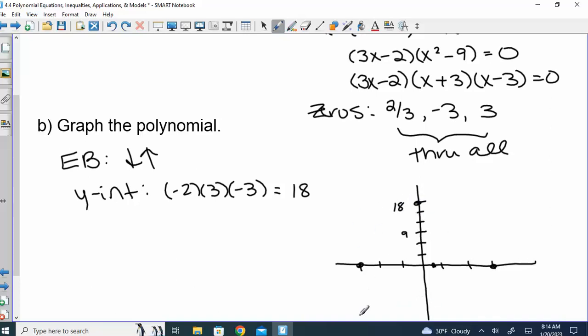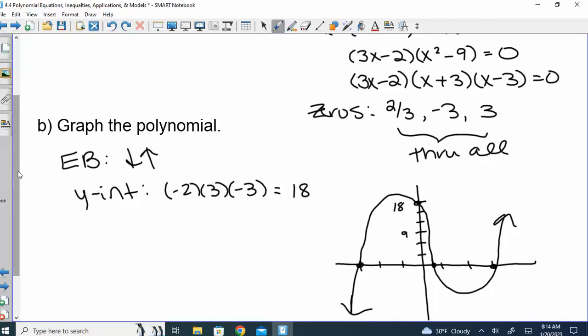Alright, so my graph starts down here. We're going through all of my zeros. So I come up, hit my y-intercept, come down, hit the 0, we're going through. So our graph looks something like this.